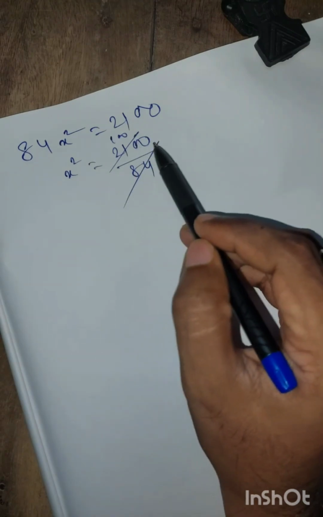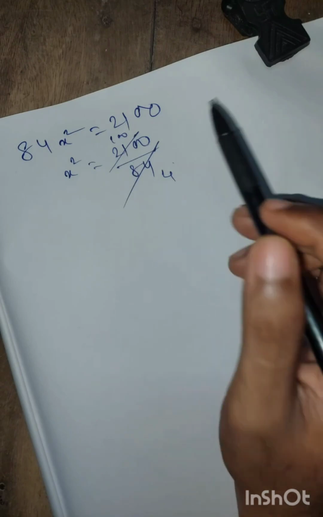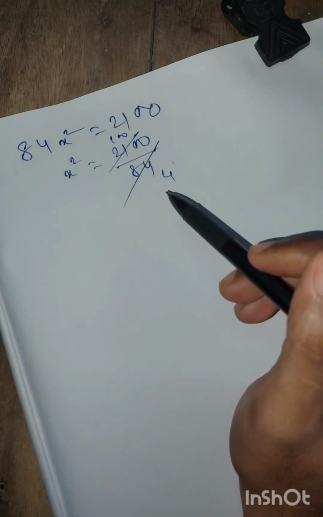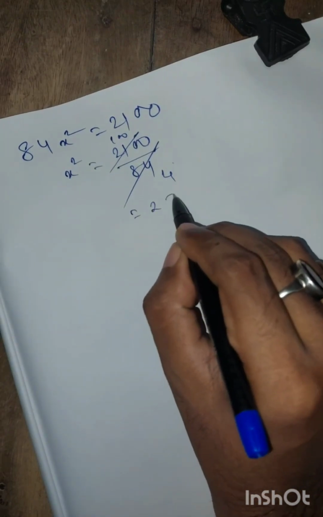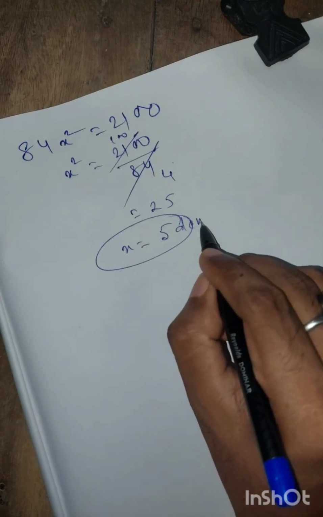We are cancelling numerator and denominator by 21. So it becomes 25. So x is 5 decimeter.